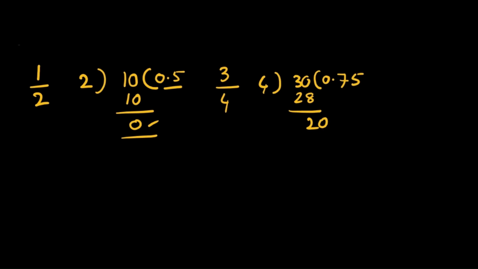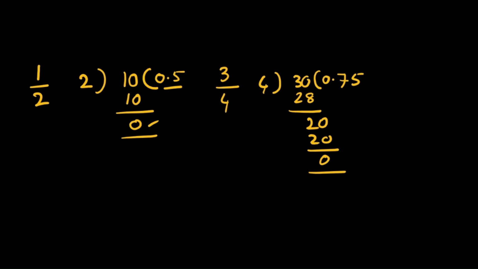And 4 fives are 20. And the remainder becomes 0. So these two are examples of rational numbers whose decimal expansion terminates. In simple words, at some point during the division, the remainder becomes 0 and the division ends.